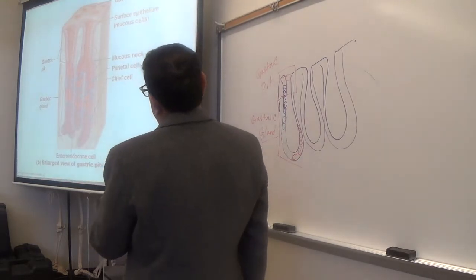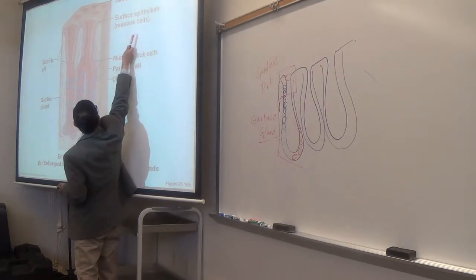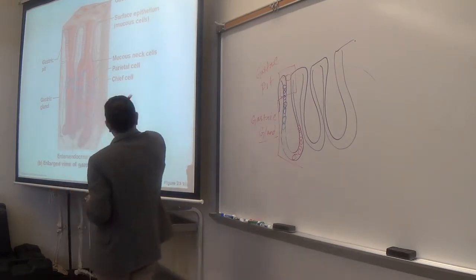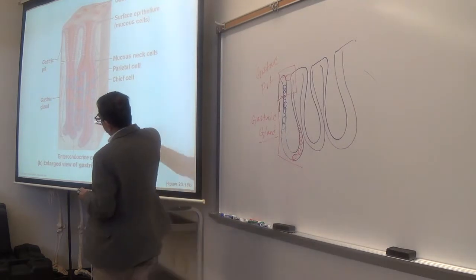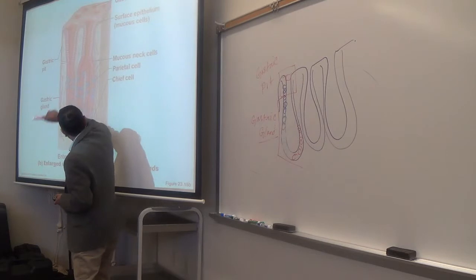Now, in the gastric pit, you have surface epithelial cells, mucosal cells, and these cells secrete mucus, okay, mucus secreting cells. And in the gastric gland part, you have different types of cells. What are those cells?